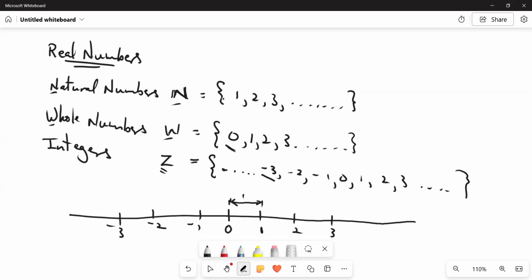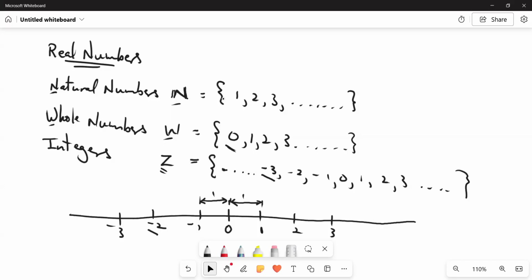Similarly, the magnitude of -1 is also 1. Same goes for 2: the magnitude of 2 is 2, and the magnitude of -2 is also 2. So the magnitude of 1 and -1 is the same, and the magnitude of -2 and 2 is the same.